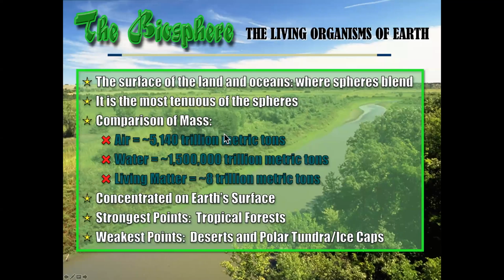And so if you think about the idea of the biosphere, we said that it's the totality of living organisms on Earth. You have to think about areas where there are strong points, and that would be the tropical rainforests, and areas that are weak, whether it be the deserts or the polar tundra and the ice caps. Think about here you have what are called deficits.